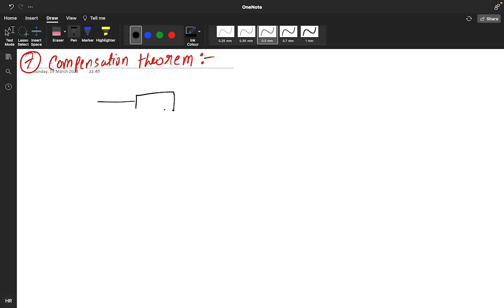Suppose you have some Z1, and this is your I1, EZ1, and this is your voltage, positive negative, that is E1 dash.